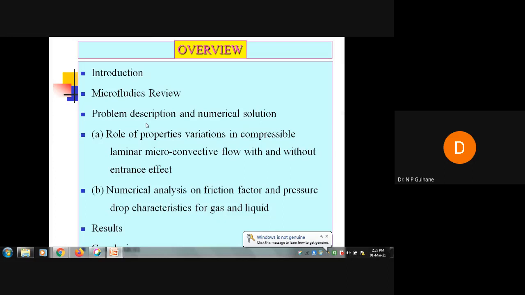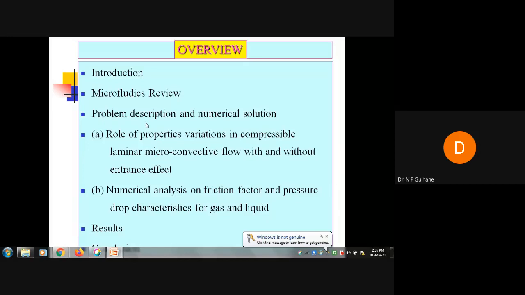the problems which we are facing because of reducing the dimensions, meaning we are moving from macro to micro. So of course we are increasing the surface area. However, friction factor and pressure drop have an important influence on enhancing the heat transfer.